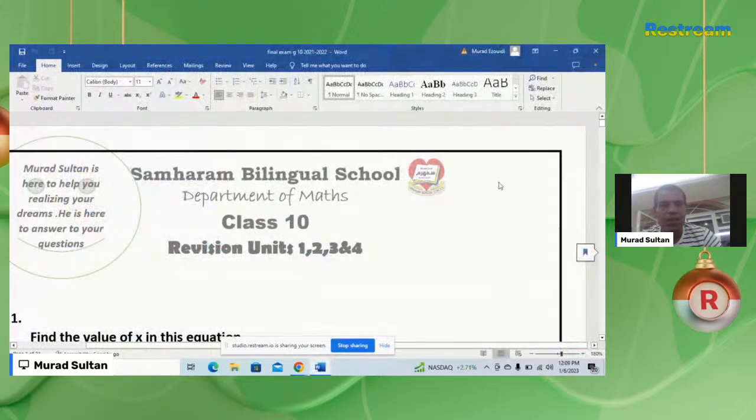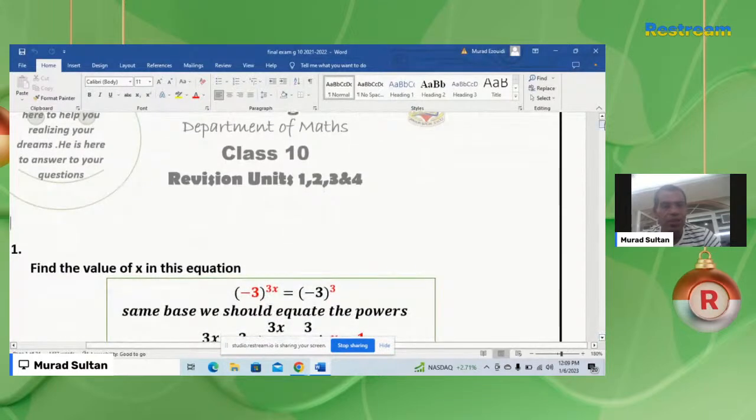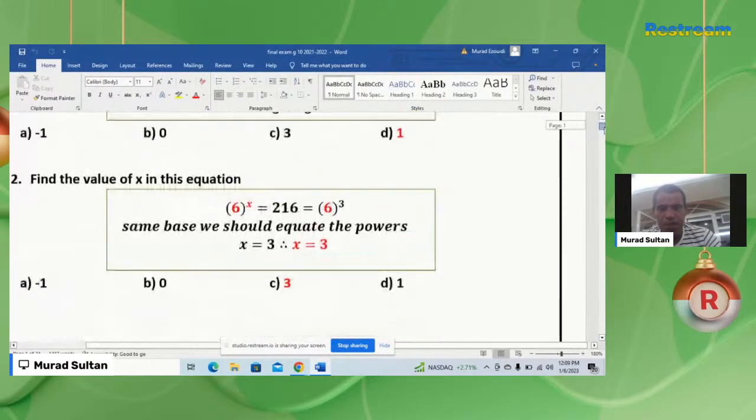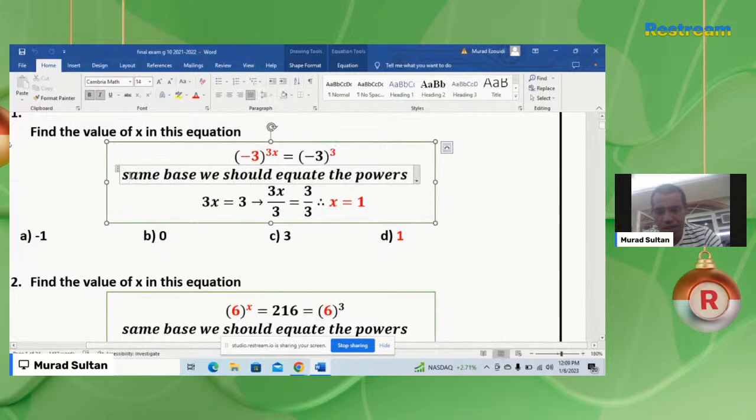Yes, Ali. This is also in your revision. We call that find the value of x in the equation minus 3 to the power 3x equal minus 3 to the power 3. So you see that we have the same base, negative 3 and negative 3. So let's equate the indices.